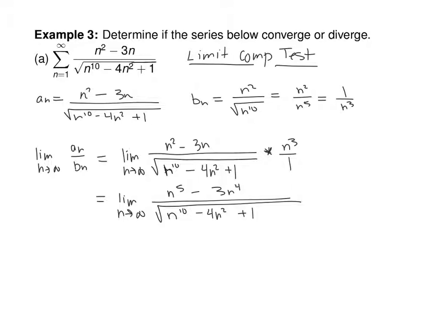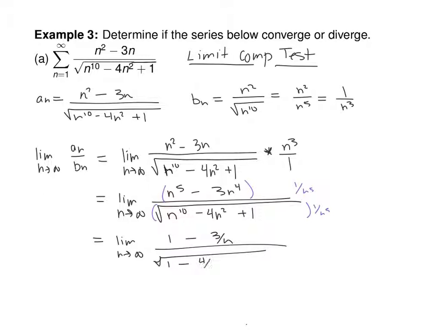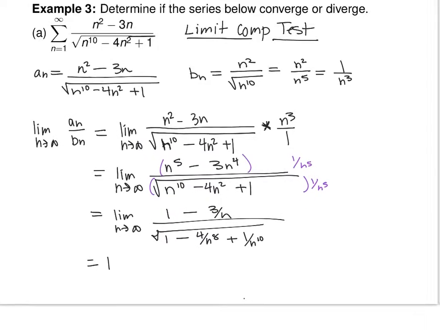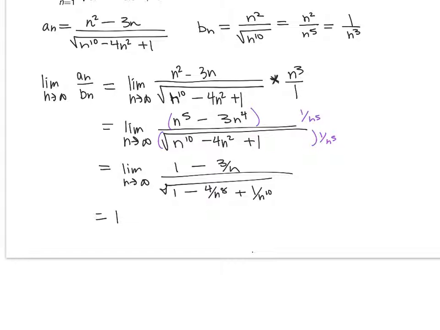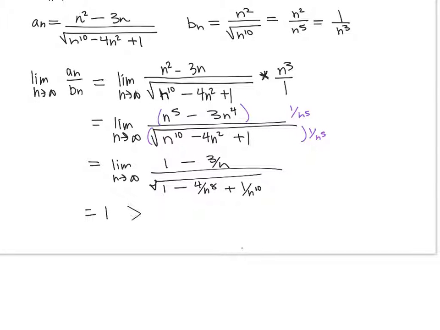Now multiplying by 1 over n to the 5th, when that 1 over n to the 5th goes inside the square root sign, it must get squared, and it becomes a 1 over n to the 10th. So that gives us root 1 minus 4 over n to the 8th plus 1 over n to the 10th. And that limit will be 1. And this number just needs to be a positive finite number. It's bigger than 0.